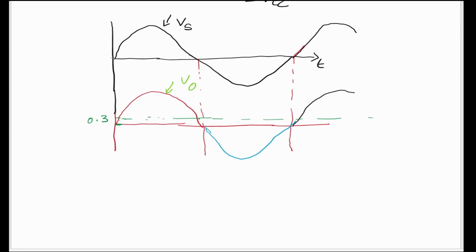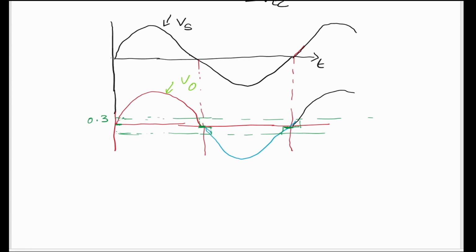Similarly, when you are coming to this point, during this period, the voltage will be 0, and in the negative side, again up to this point, the output will be 0. So here also output will be 0 up to this point.